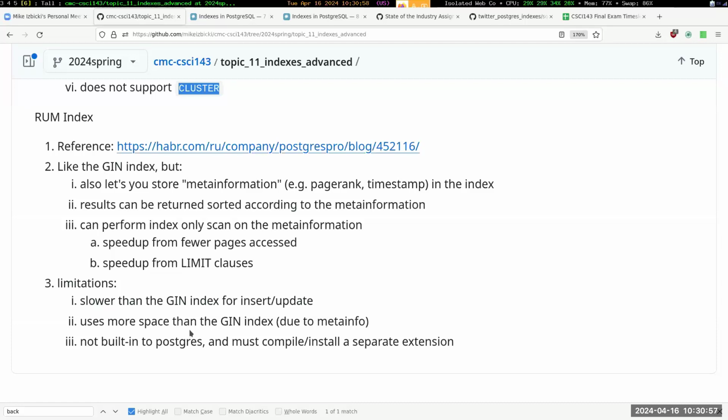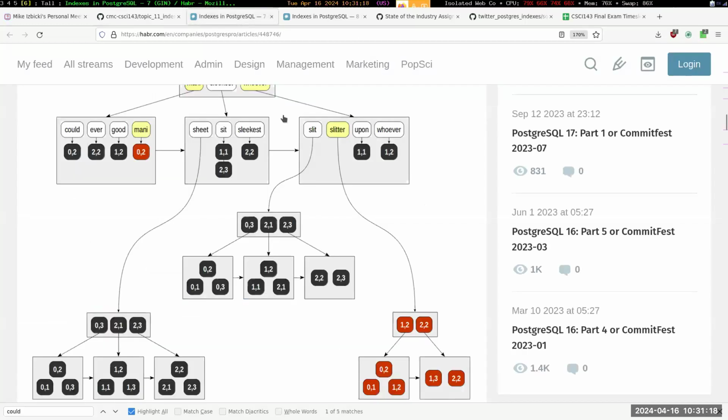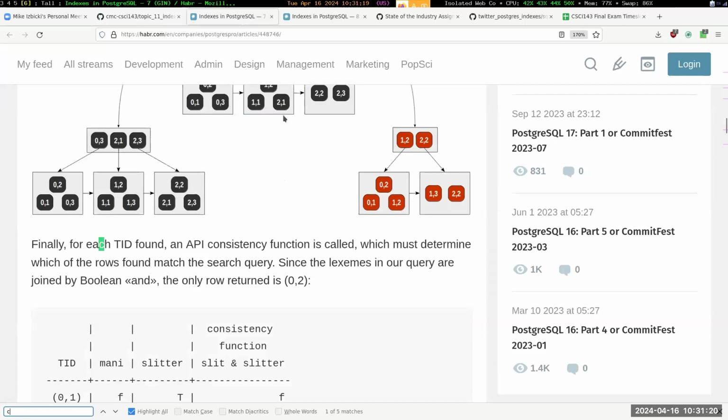Question is, which link talks about the cluster operation? Good question. So this cluster operation is described in several places in the required reading. It is going to be described a little bit in actually each of the links that I've given you so far about the indexes.